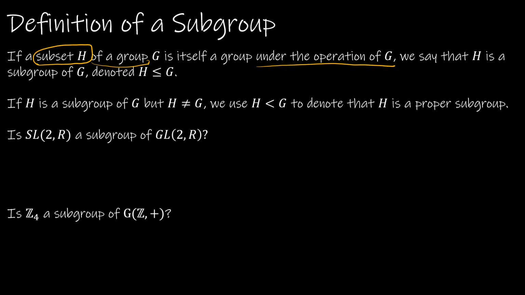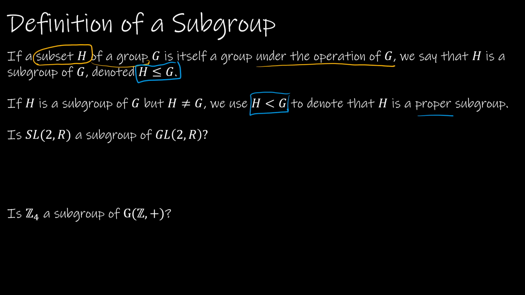We say that H is a subgroup of G, and we denote it with the less than or equal to sign. If you want to say specifically, because technically you could have H and G as the exact same group, but if you want to say that there's at least one element of G that's not in H, then that is a proper subgroup, and then notice it's just the less than sign.